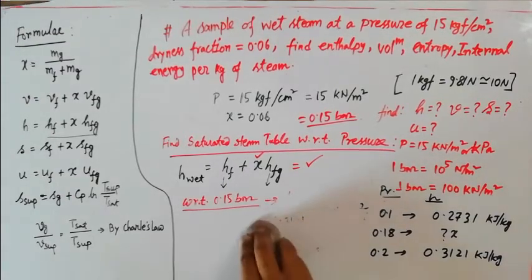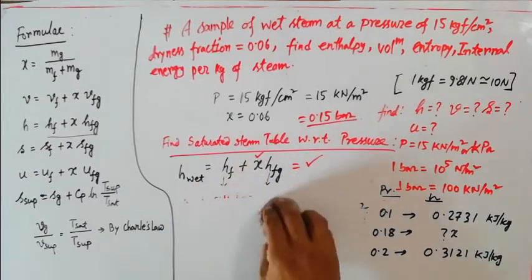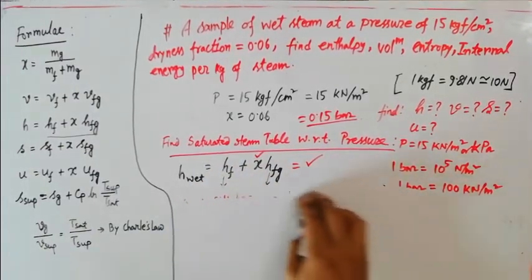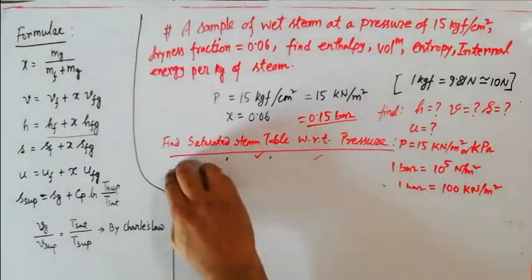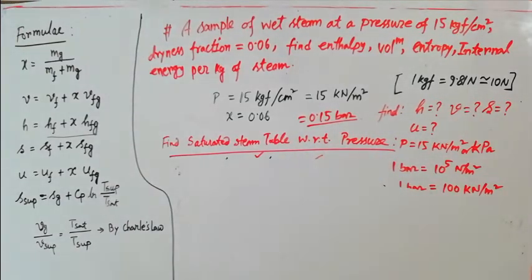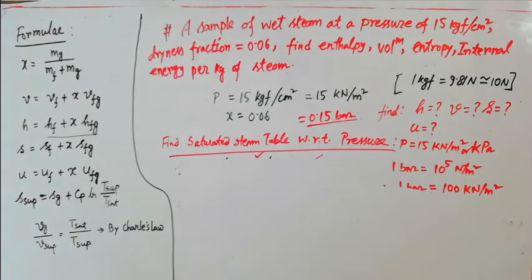From the steam table, after getting the values of hf and hfg, you can easily find the value of h wet, that is the enthalpy or specific enthalpy of the wet steam. Similarly, if you are trying to find other thermodynamic properties like specific volume, we use the same kind of formula.